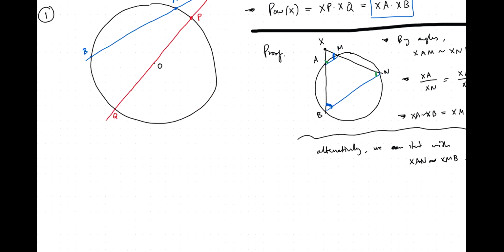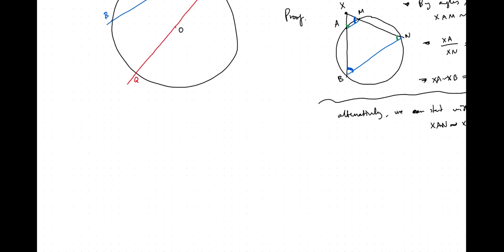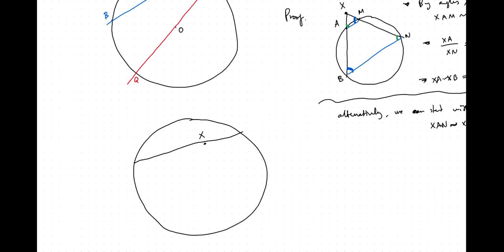And let's draw the same thing when x is inside. And let's also draw the diameter, for example, as we did here. So in this case, xa times xb is still equal to xp times xq, but xp times xq is minus the power, okay?